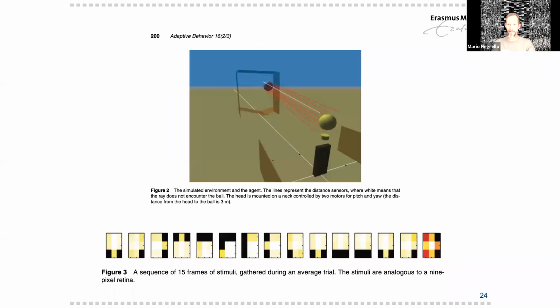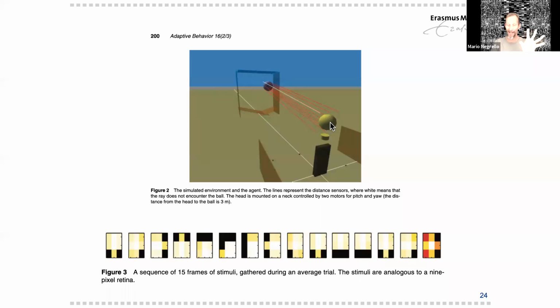Again, actually, I think that the video is better, but let me show you this first, and then you will understand more things. At the top, you have a little yellow sphere from where rays are projecting onto a sphere that is bouncing on a frame. This here represents a head, and it can do two motions. It can do pitch, which is up and down with the head, and yaw. You will see this in the video.